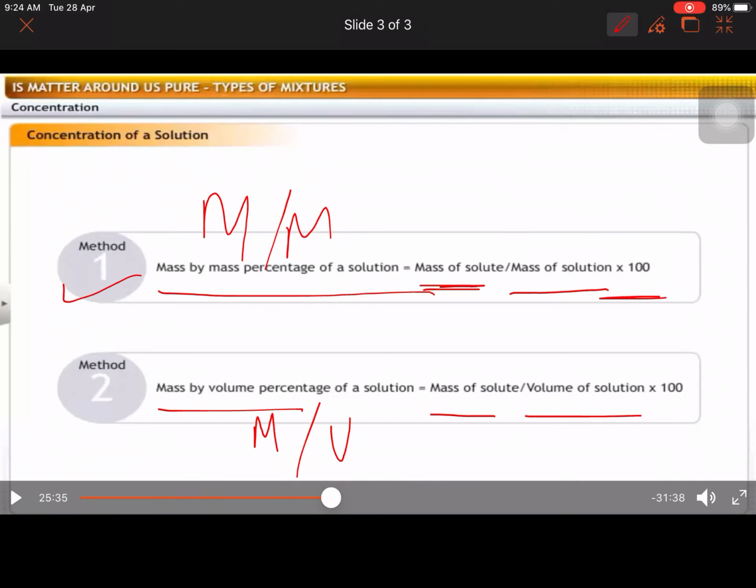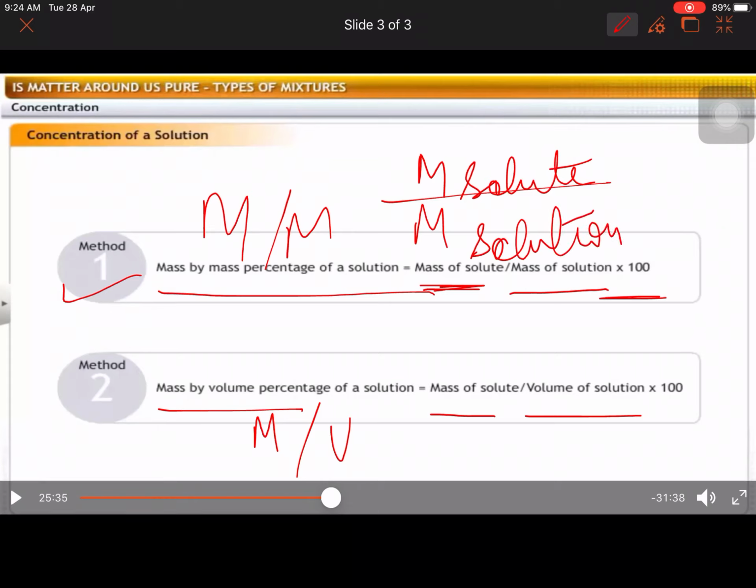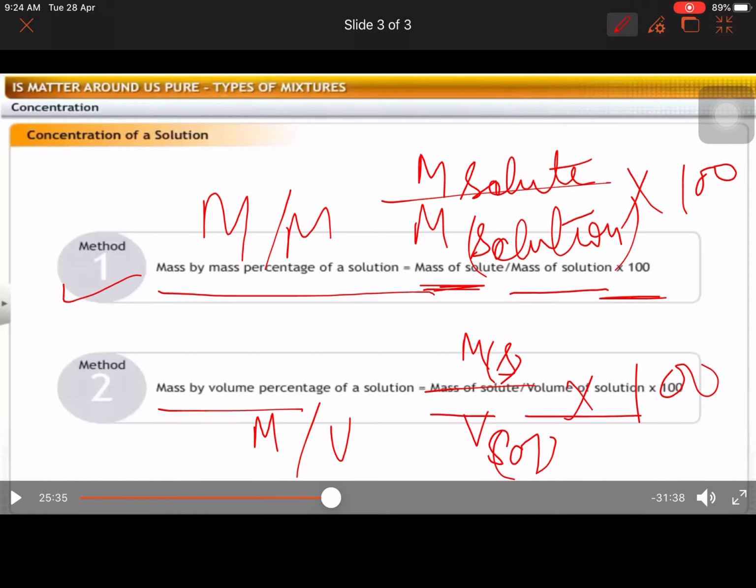So, mass of solute divided by mass of solution into 100. And for this, mass of solute upon volume of solution into 100. Mass upon volume and mass upon mass.